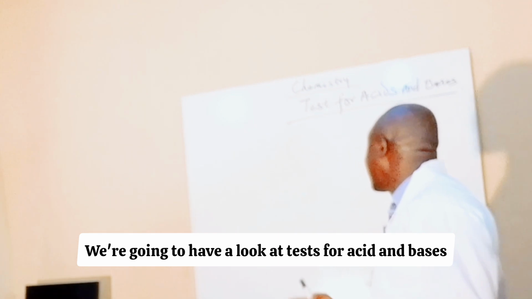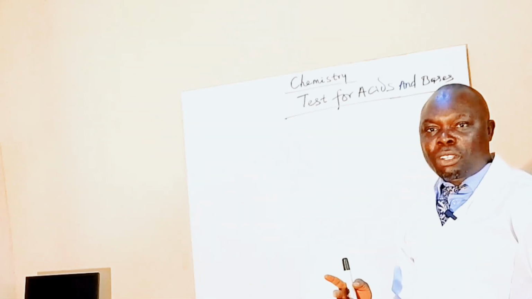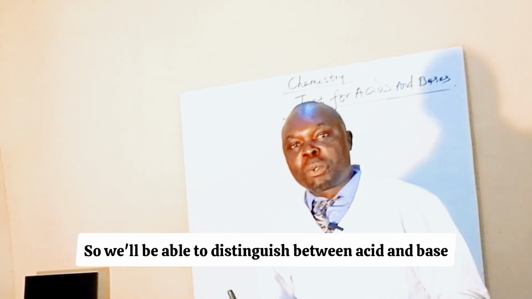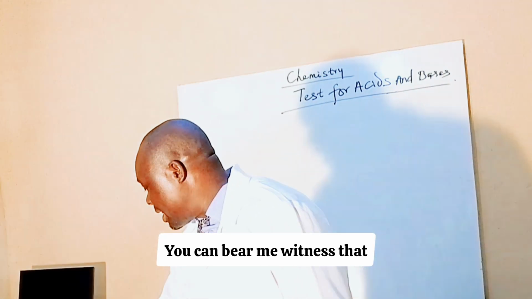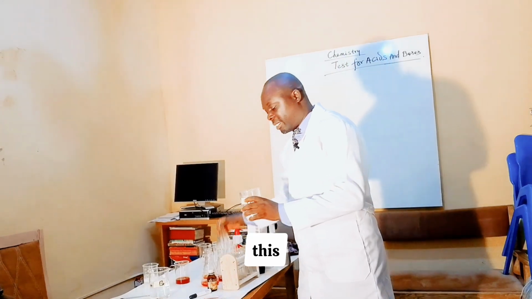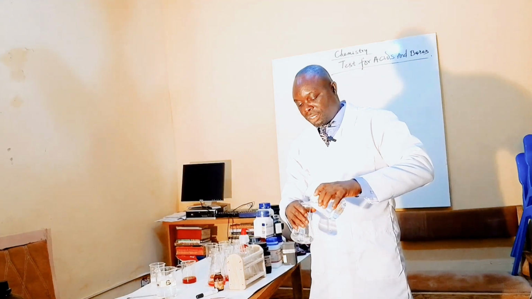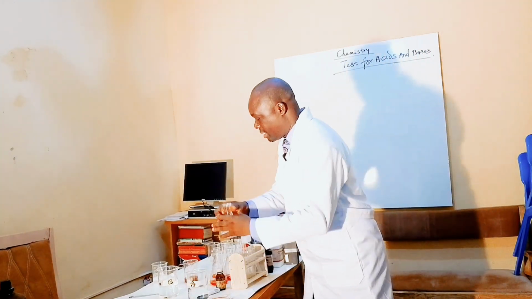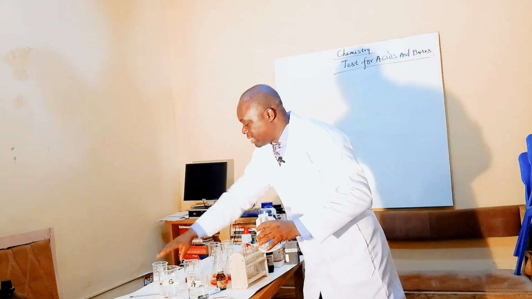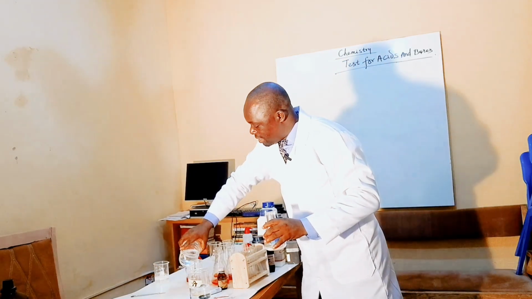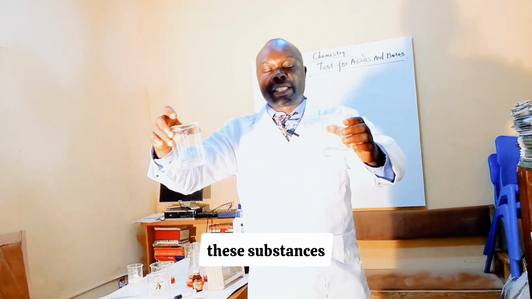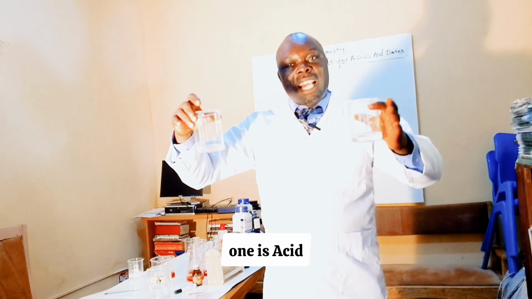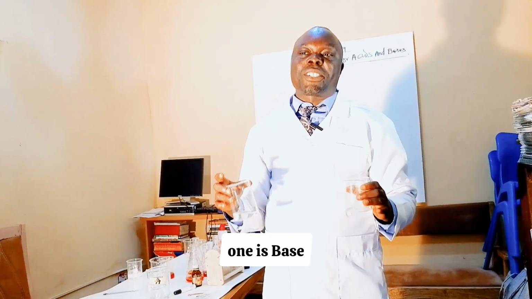We're going to have a look at tests for acids and bases, so we'll be able to distinguish between acid and base. You can bear me witness that of these two substances, one is acid, one is base.